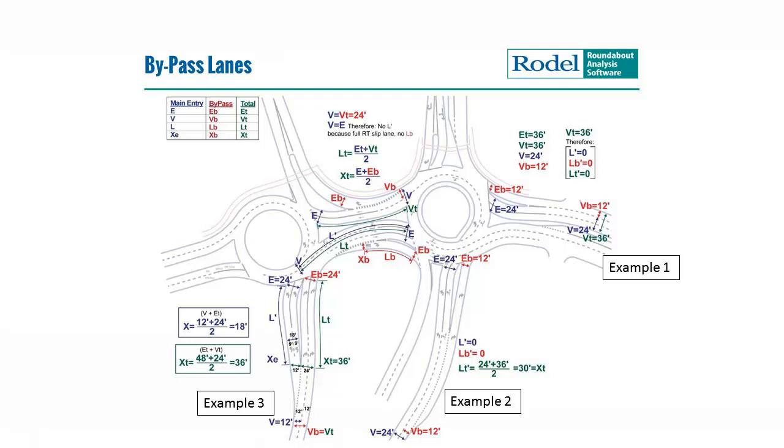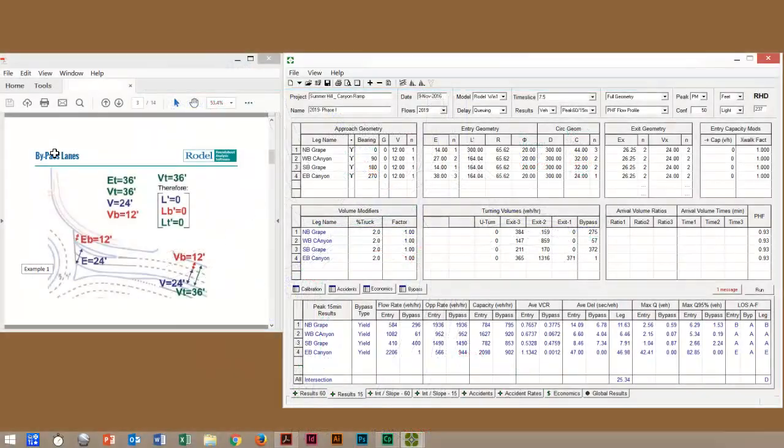So let's get started. We're going to look at example number 1 first, and I have Rodel on the screen for example number 1. This leg in example number 1 is leg number 2, the westbound approach.